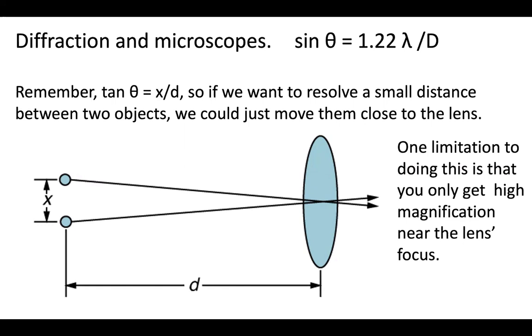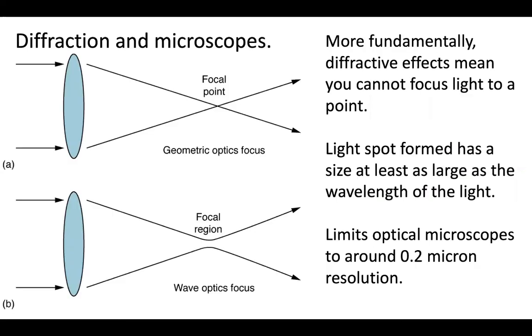One, from a practical point of view, is that remember, to actually see things, we need to magnify them. And magnification only works efficiently if you're a certain distance from the lens, its focal length. So that's a practical limitation. There are also other fundamental limitations.